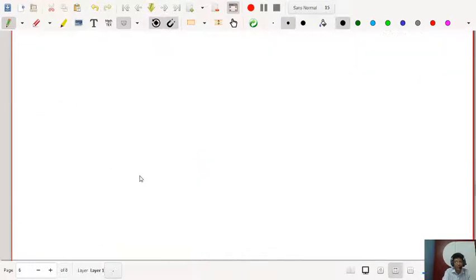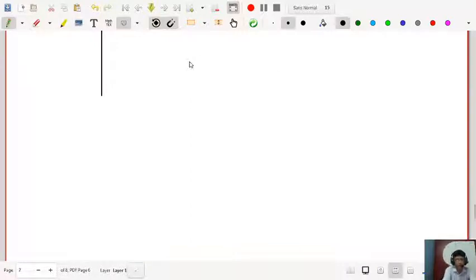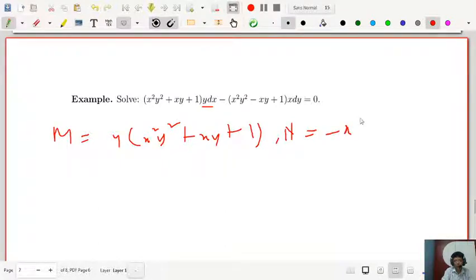Let me show you another one for your simplicity. So this is your M. M is xy into x square y square plus xy plus 1, and N is equal to, here you have a minus also, so minus xy into x square y square minus xy plus 1.